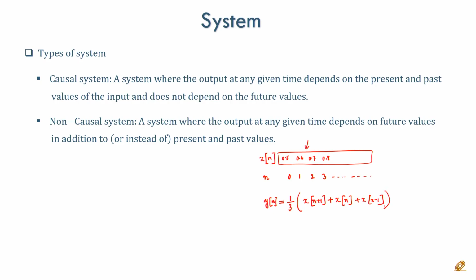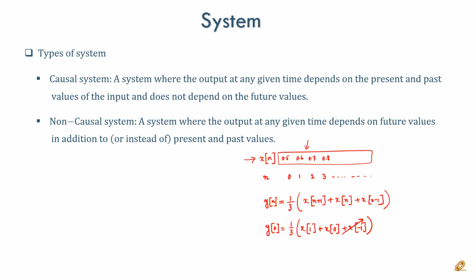What I am doing basically is, suppose at y[0], what is the value of the output? I am taking this signal and post-processing it. How am I post-processing it? y[0], the new signal that I get, is equal to the average of x[0] and x[1], since x[-1] is not there, so I am not taking that.